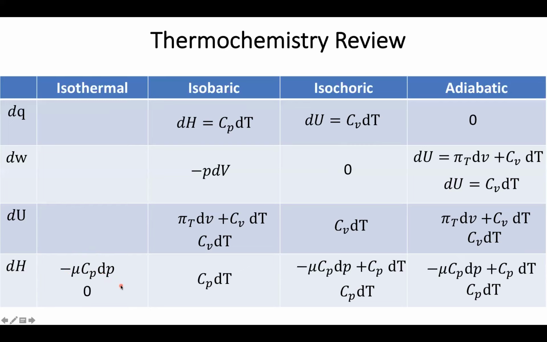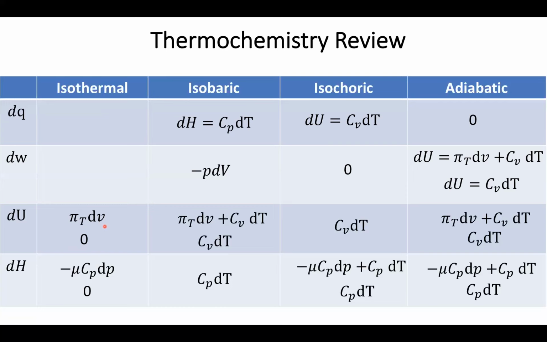But that also means for an ideal gas, our change in enthalpy for an isothermal case is going to be zero. And we see something very similar for internal energy, where our internal energy is going to be based entirely on the internal pressure of a system, which for an ideal gas doesn't exist.